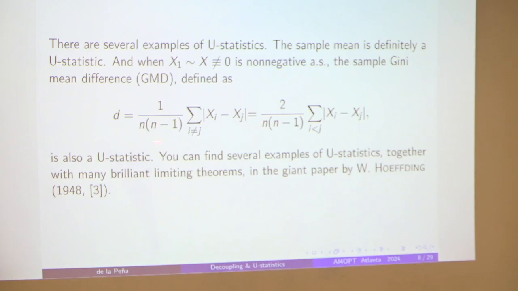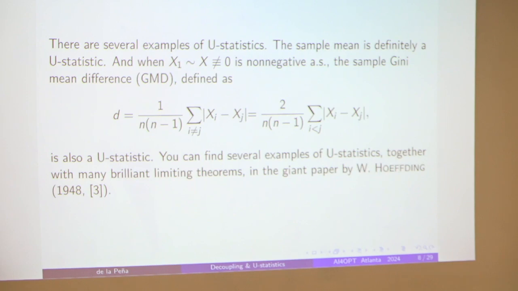So this is a U statistic. And the expected value of x1 minus x2 in absolute value is called the Gini average. That's a parameter. So if you want to estimate it, you take a sample and take the differences. Okay? So this xi is the income of the ith individual, and xj is the income of the jth individual.